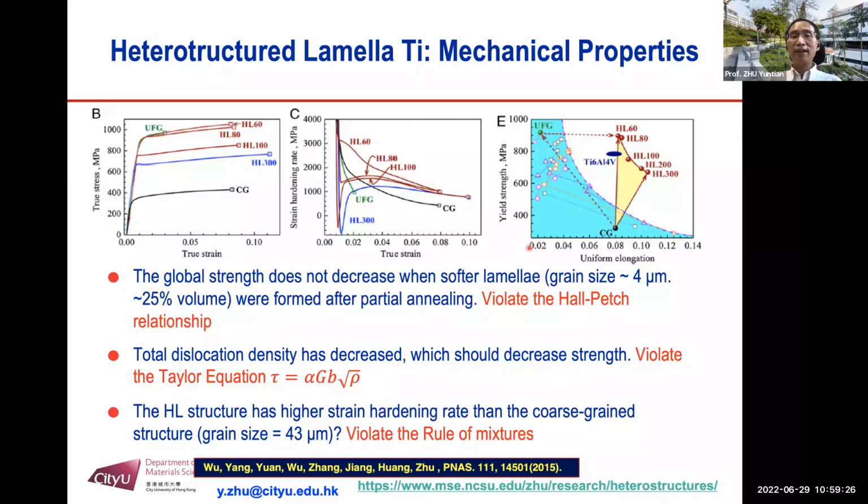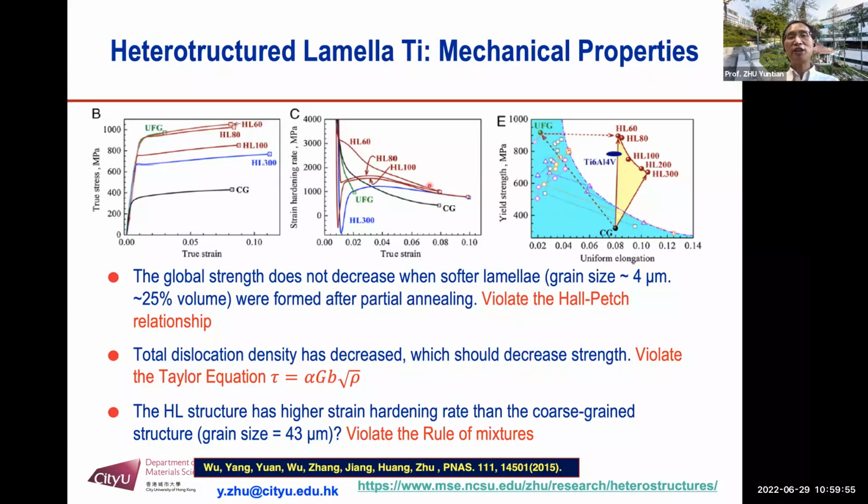Also, during the partial recrystallization, the total dislocation density has also decreased because of the recrystallization and recovery. But the strength does not come down, and this violates the well-known Taylor's equation. So this does not work anymore.